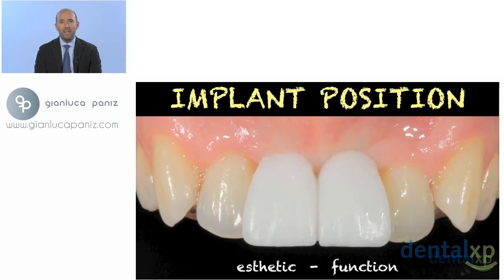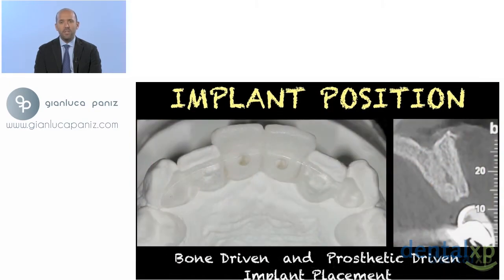But what is really important to me is that the implants need to be positioned simultaneously according to the bone, but also to the planned prosthesis. So we need to consider the final outcome in terms of aesthetics and function. Digital technology today is really helping us because it allows us to position our implant in a way that is bone-driven on one side and prosthetic-driven on the other.